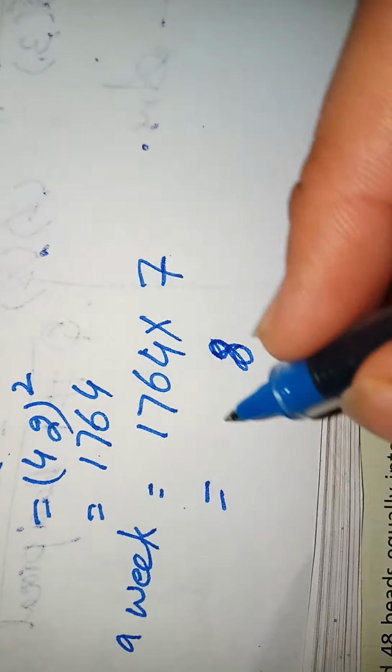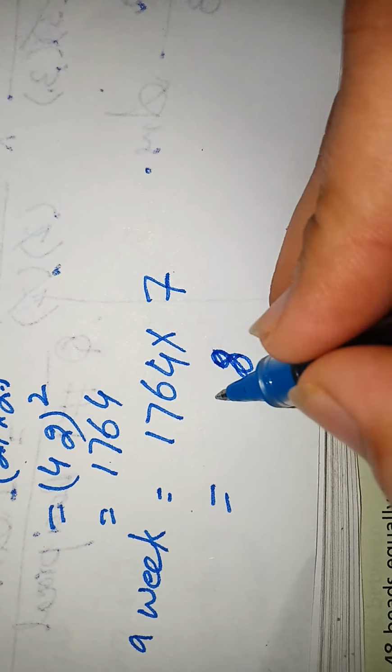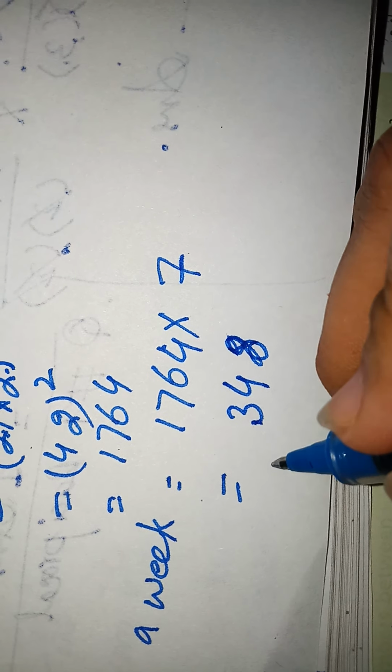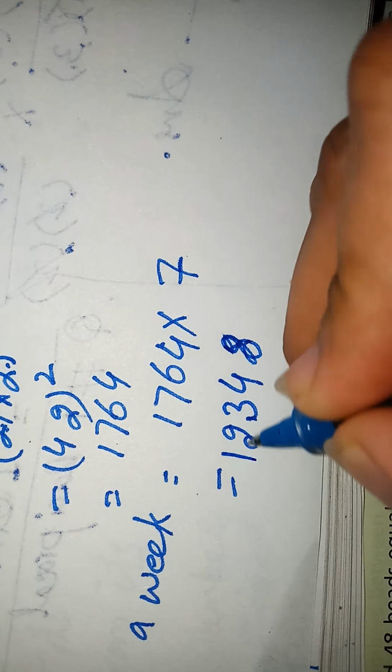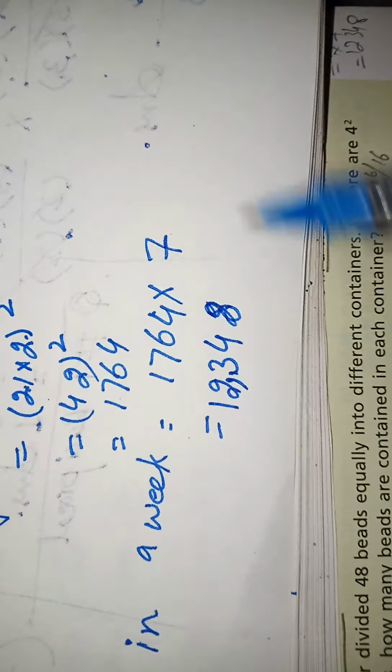After multiplication, the answer will be 12,348 eggs in a week.